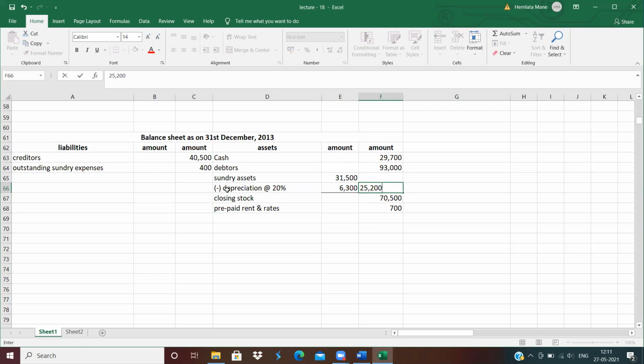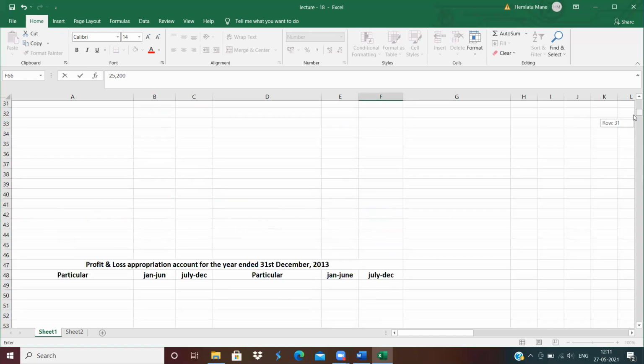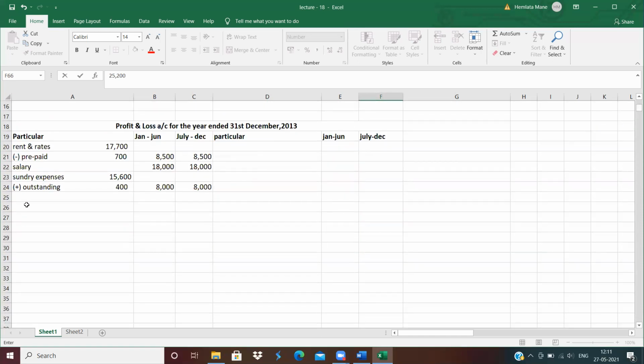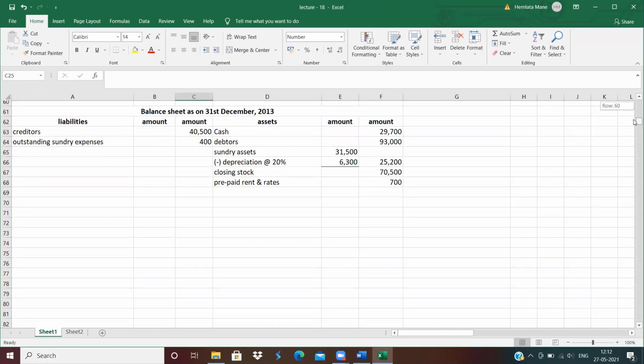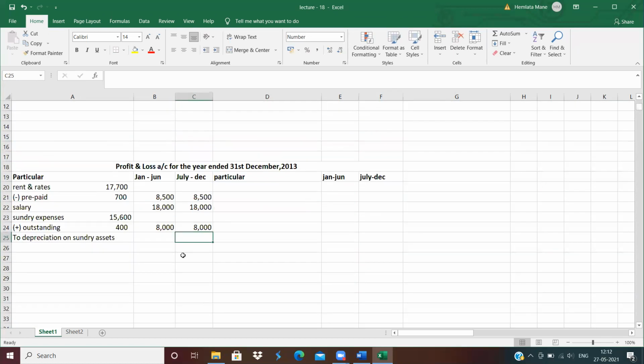Now do the second effect on the P&L account debit side: to depreciation on sundry assets, 6,300. So write down 6,300. Clear? Both the effects: first effect less from sundry assets, and second effect P&L account debit side.